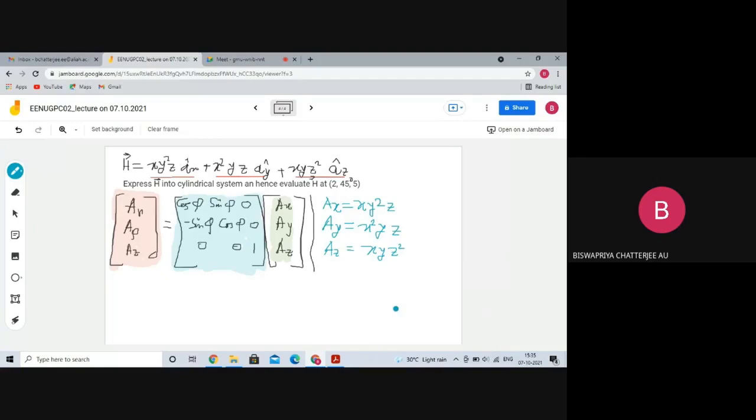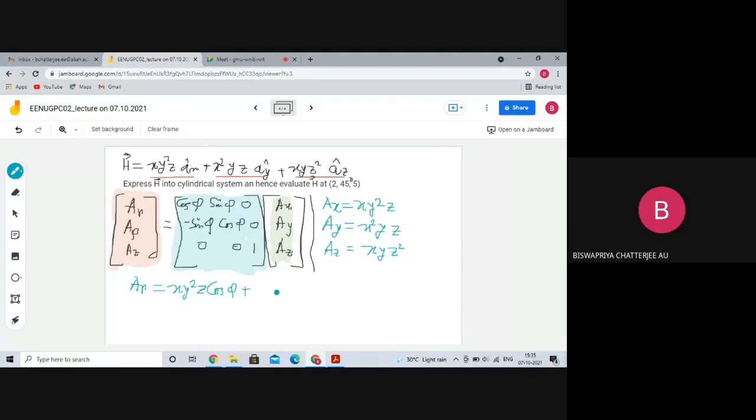So by doing the mathematics, what will be your Ar? It will be Ax cos phi, so it will be x y square z cos phi, plus Ay sin phi.